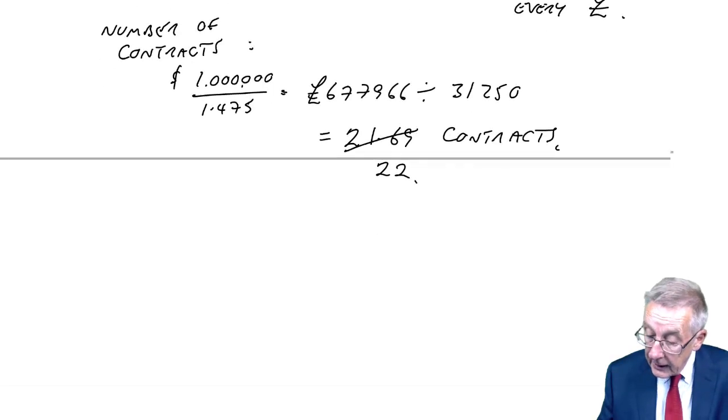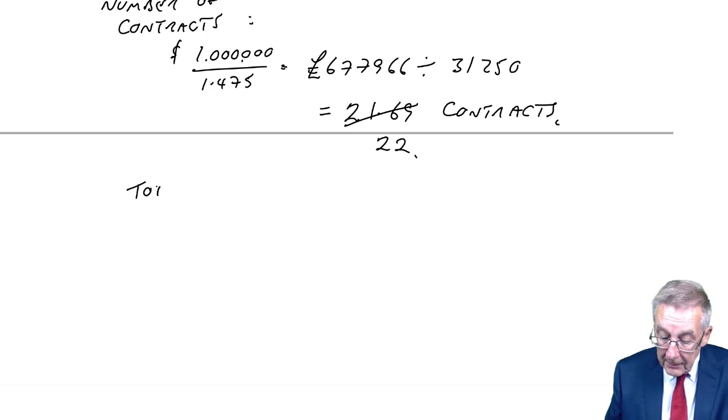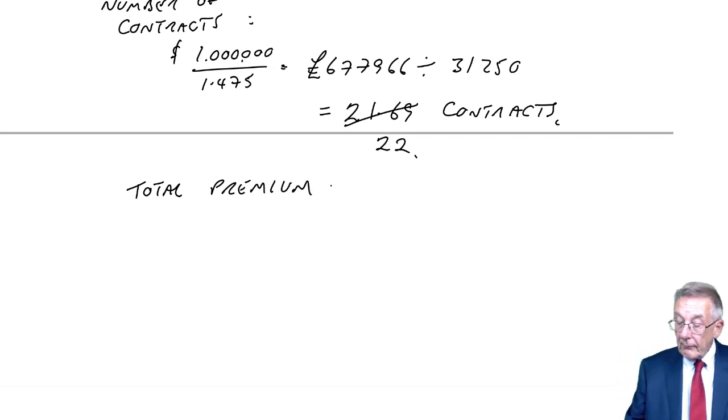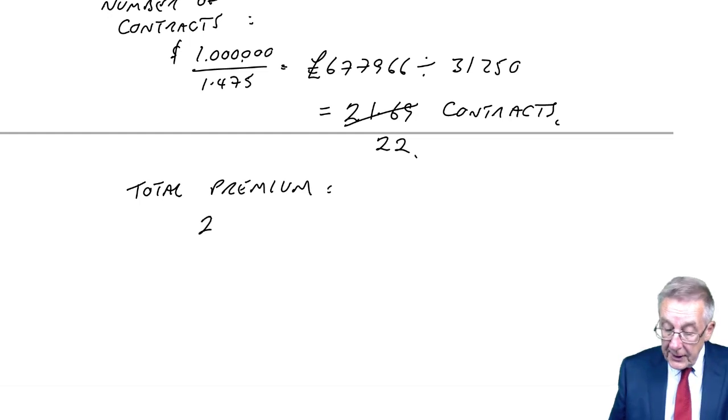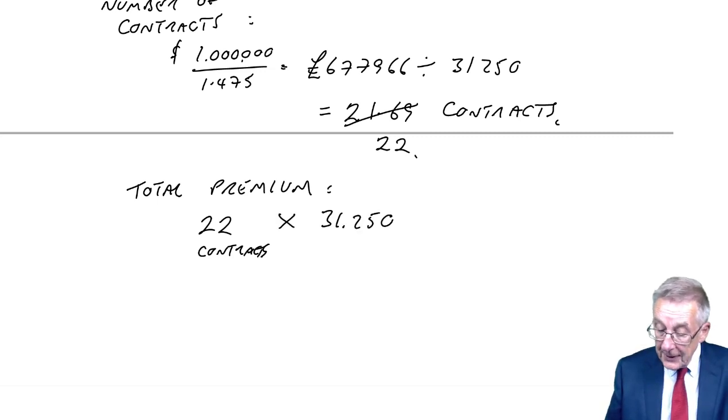Finally, we can now work out the total premium. We've got the option on 22 contracts, each of £31,250.